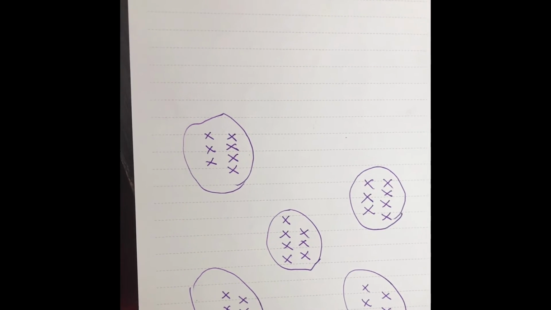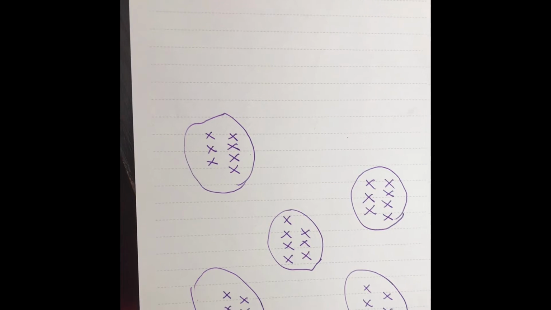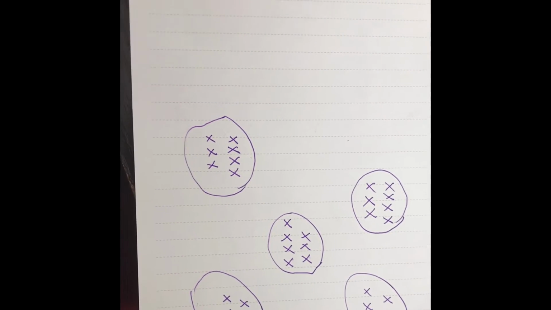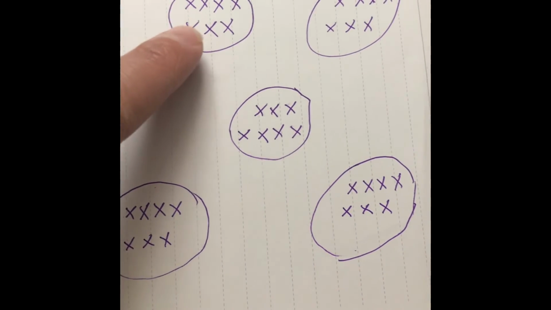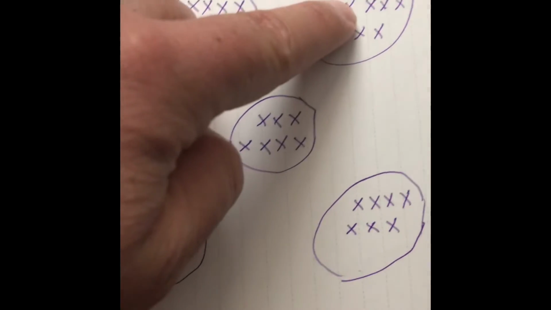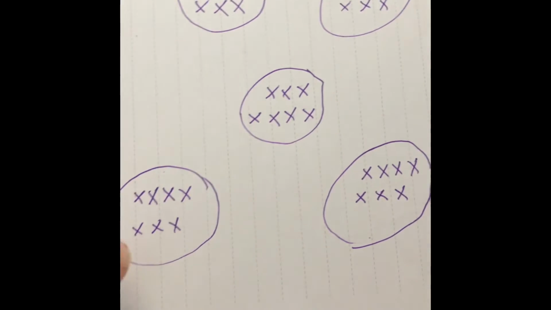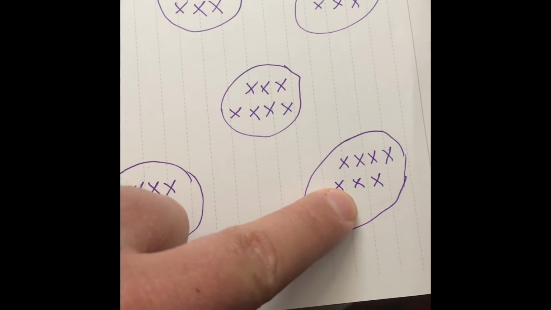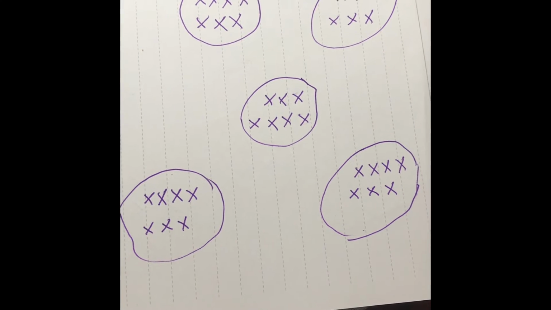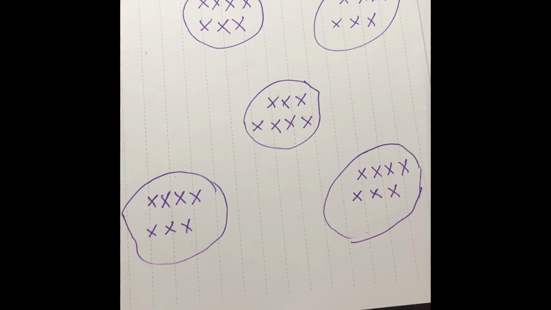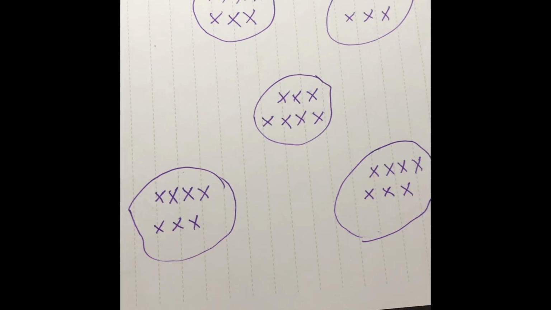But both strategies will get you the correct answer. Seven, 14, 21, 28, 35. So that's the shorter way to go about it, to just count by sevens.